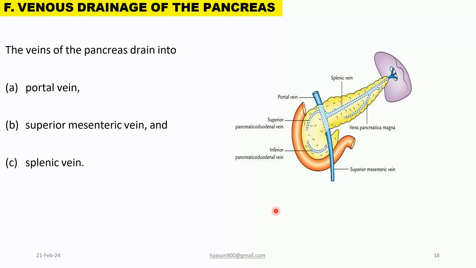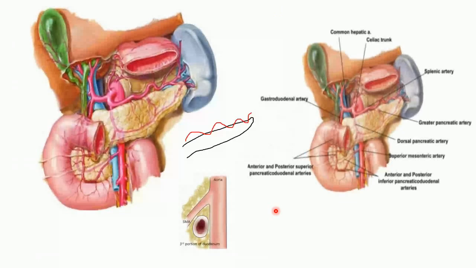That's the question. Okay, so your question is about veins, but to make you understand, let's go back to the arteries. So Moses, where does the right gastro-omental artery arise from? Where does it arise from? The right gastro-omental.